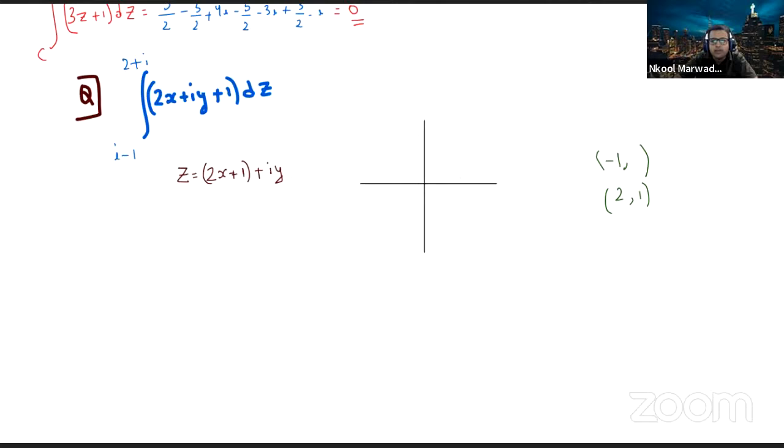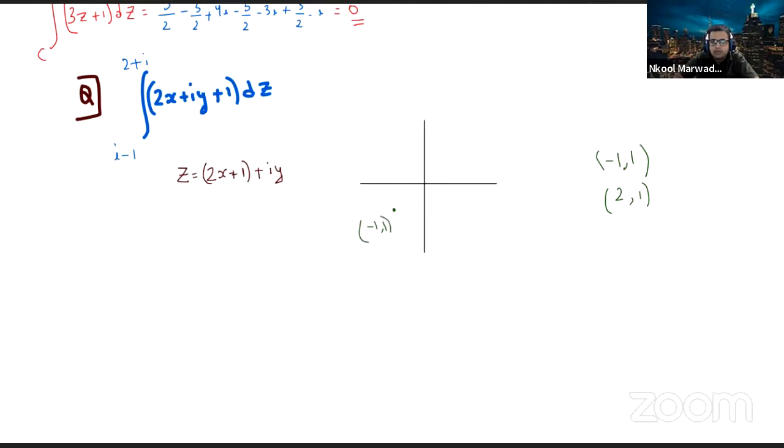And the second point, 2 plus i, is 2 comma 1. If I plot it, somewhere here I will get minus 1 comma 1 and 2 comma 1.